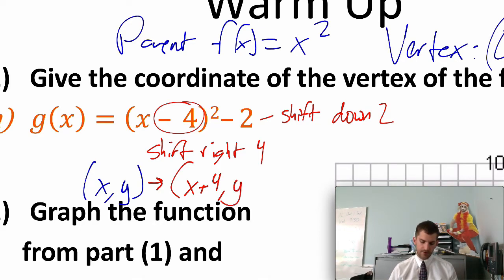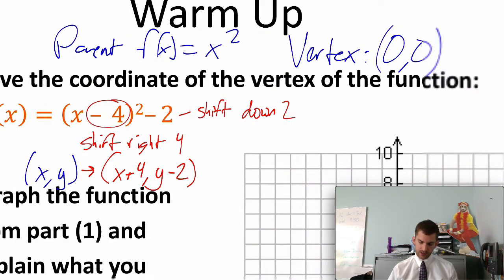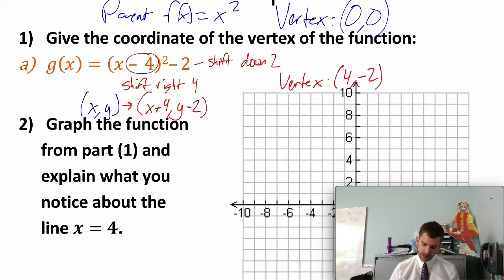And then the y value would be y minus 2. That one's more straightforward. So in other words, for the vertex we're going to add 4 to the 0, so we get 4, and then we're going to subtract 2 from the y coordinate and get negative 2. So we have the vertex at 4, negative 2.